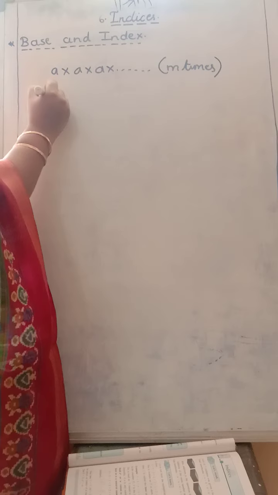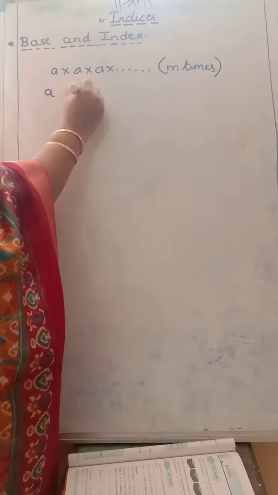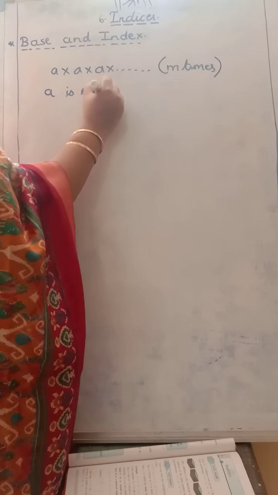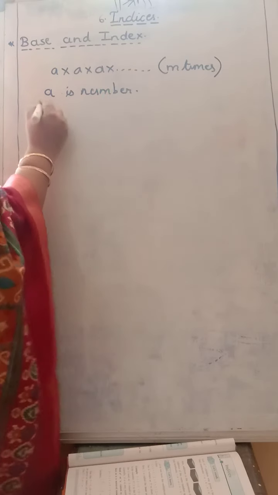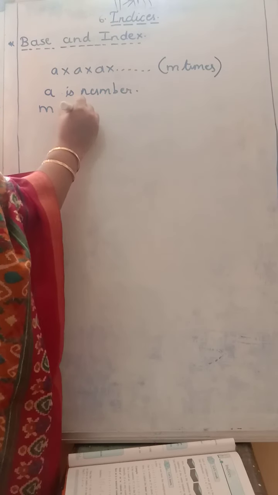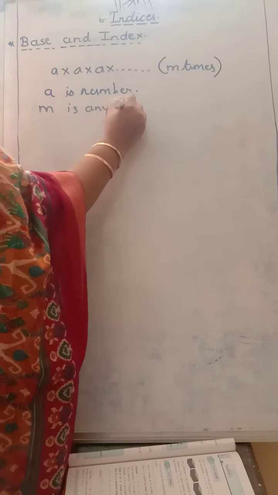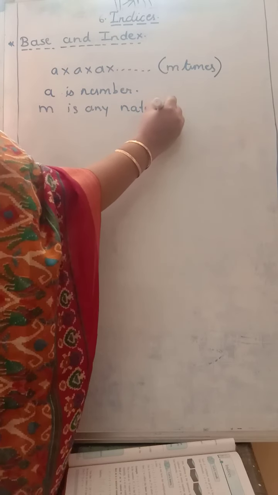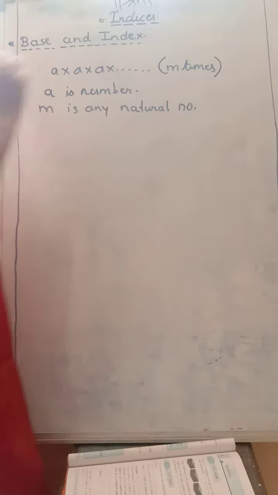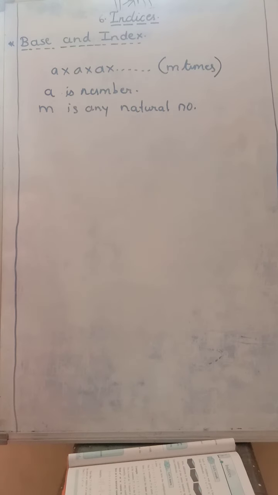Suppose if a is any number and m is any natural number, means it should not be 0, but it can be numbers from 1 to infinity. Now how will you express this in index form?